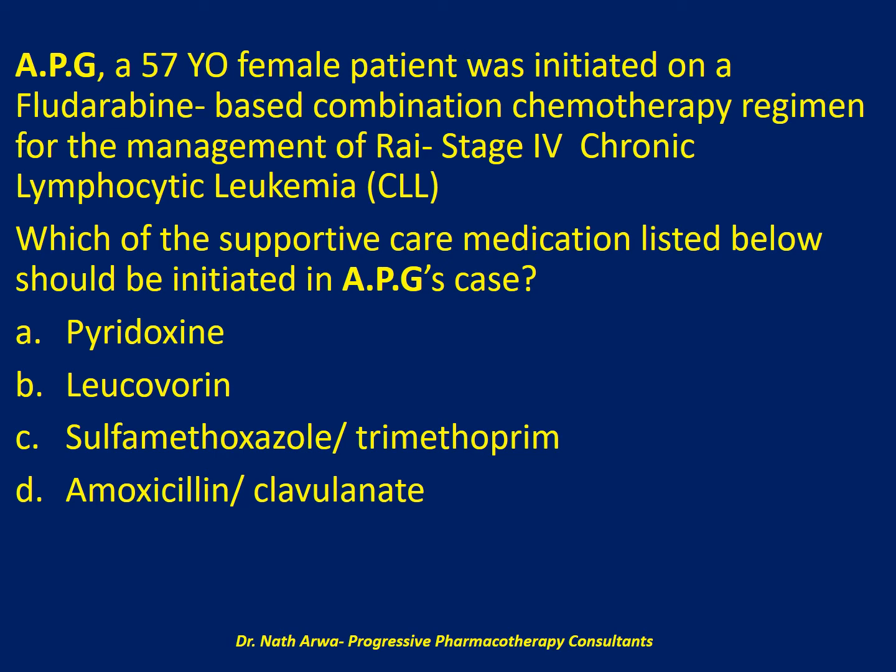My question to you is, which of the supportive care medications listed below should be administered in Mrs. APG's case? Is it pyridoxine, leucovorin, Septrin, or amoxicillin clavulanate? I'll give you 10 seconds to choose the correct answer.